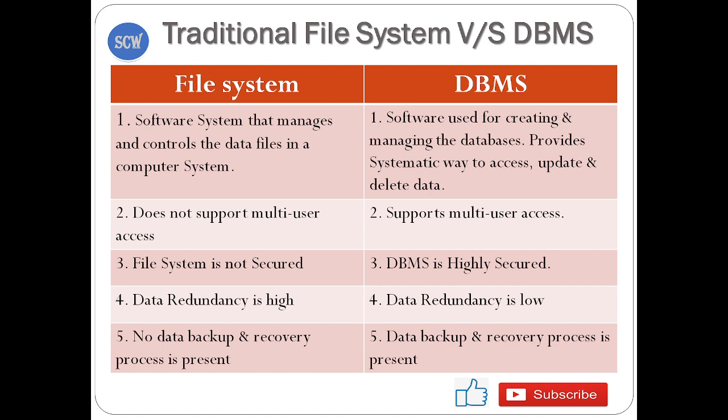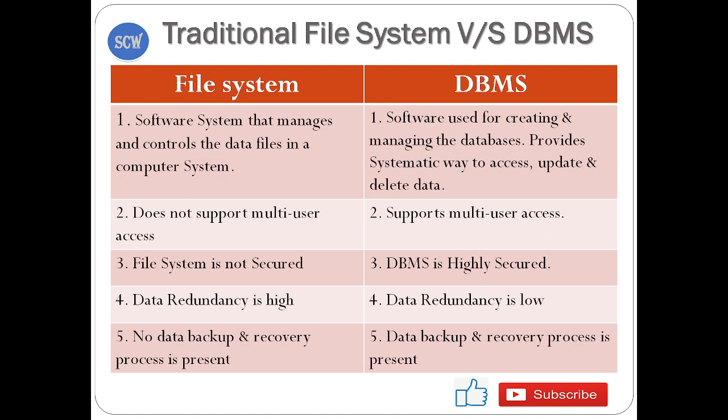File system. Traditional file system. It is a software system that manages and controls the data files in a computer system. Let me take an example for this: a college. In earlier days, a principal was having a computer system in his office and he was storing students' records in that computer system in a file-based manner. Means the principal typically created a student records folder in the computer.